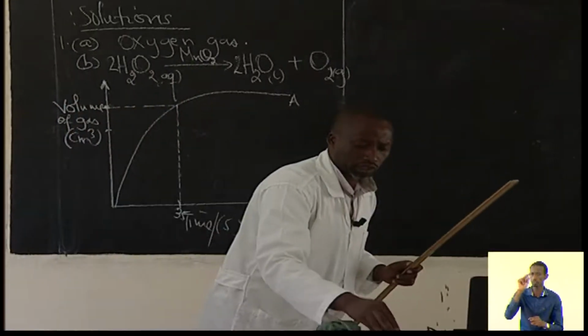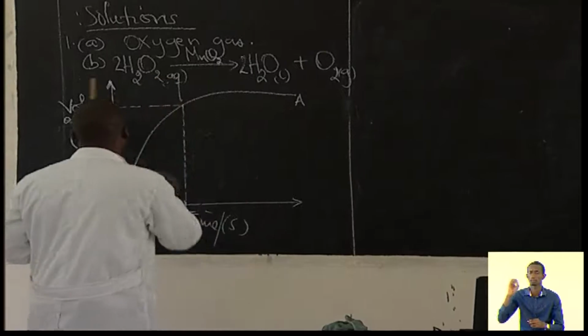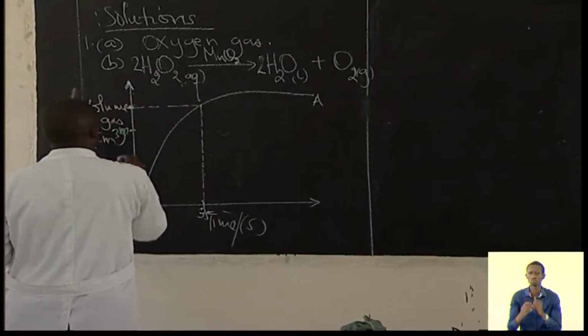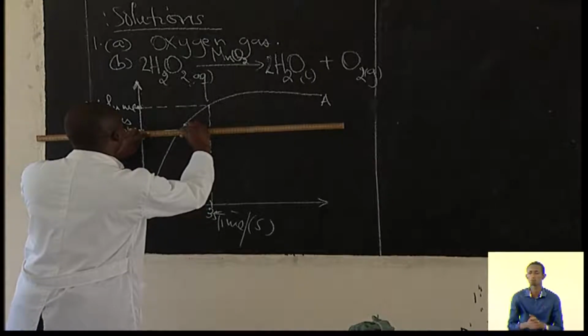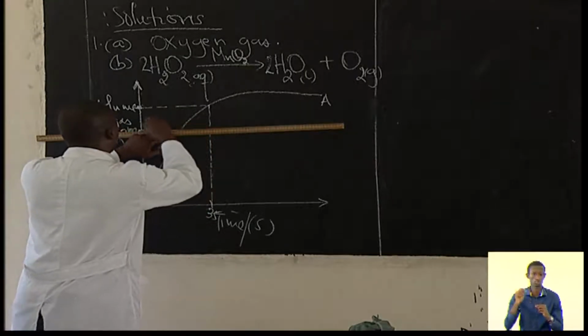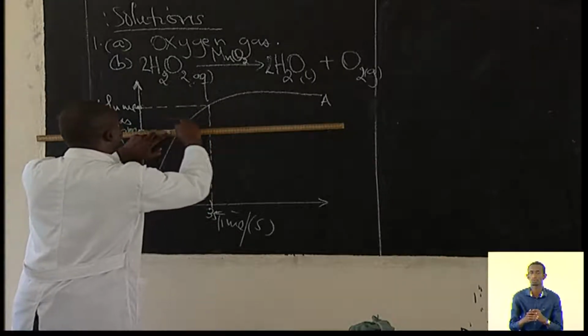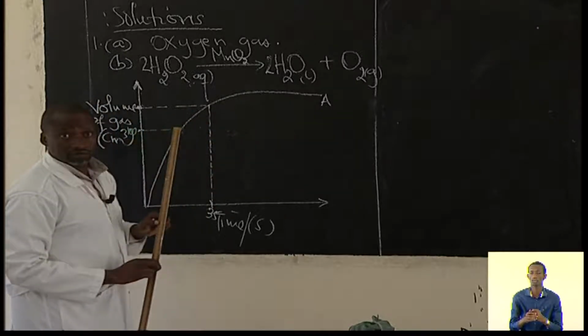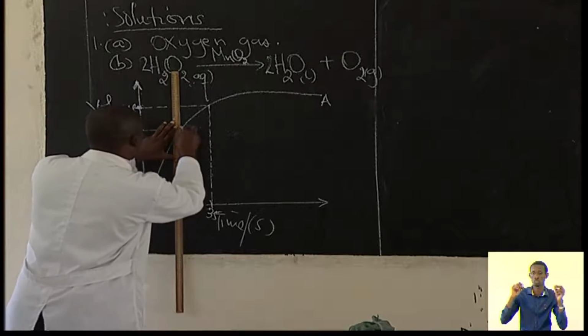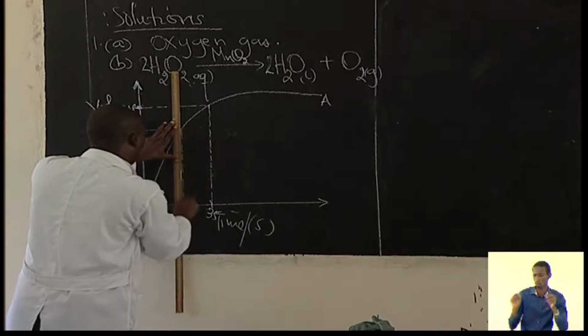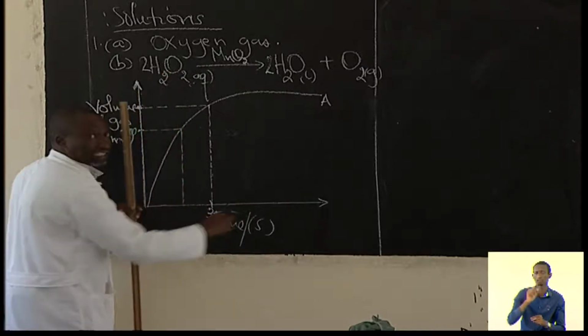That is not 100, but I'm just using it as an example. Assuming this is 100, you draw a straight line touching the curve, and then again, draw another line, moving down to the time axis.